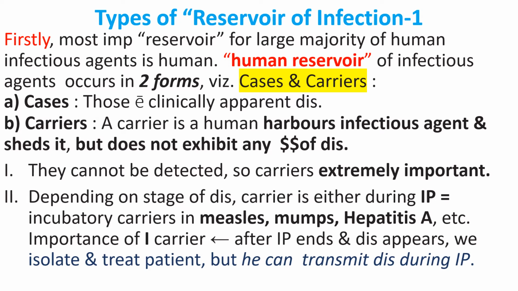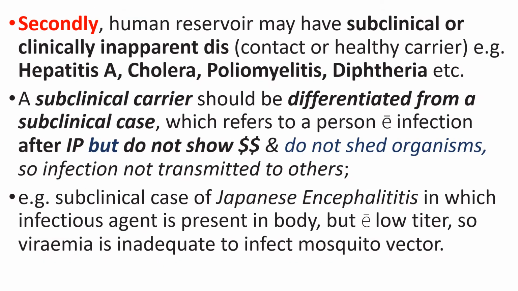Carrier is either during incubation period, incubatory carriers, like in measles, mumps, hepatitis A, and so on. Importance of incubatory carriers is that after the incubation period ends, disease appears. We isolate and treat the patient, but he can transmit disease during the incubation period before the symptoms and signs appear.